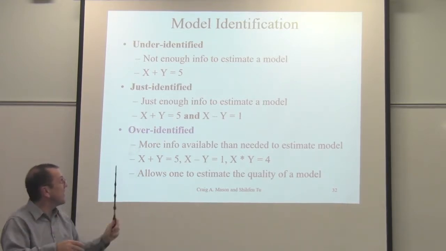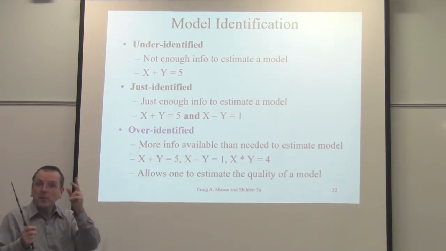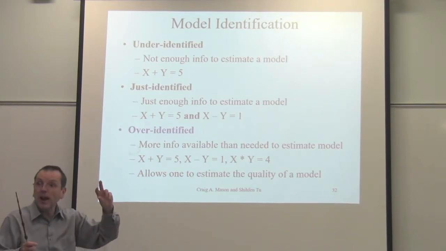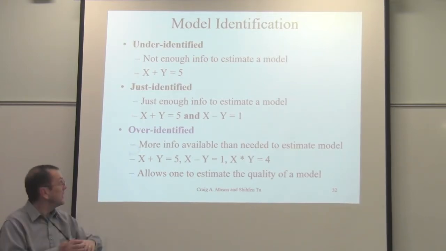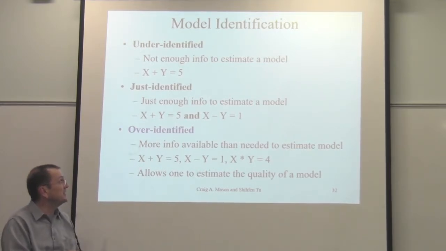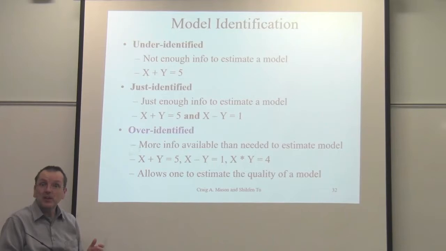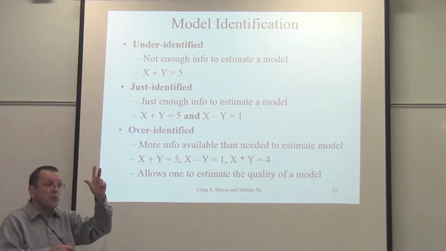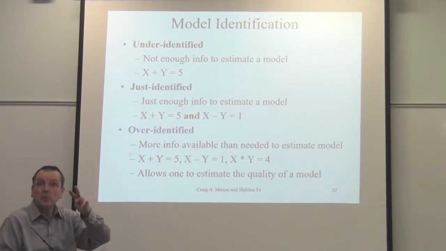For a just identified model, we had three pieces of information and we were estimating three paths. For an over-identified model, more information is available than is needed. So I've got three correlations, but we're only estimating two paths.